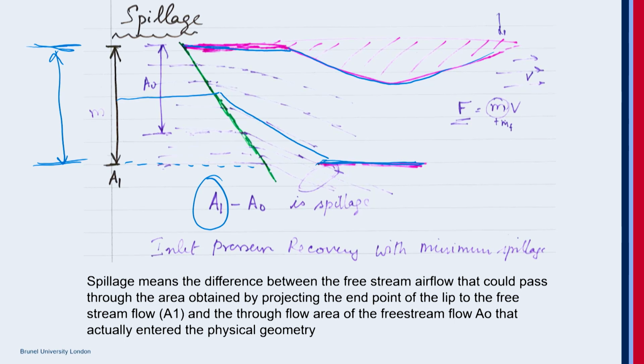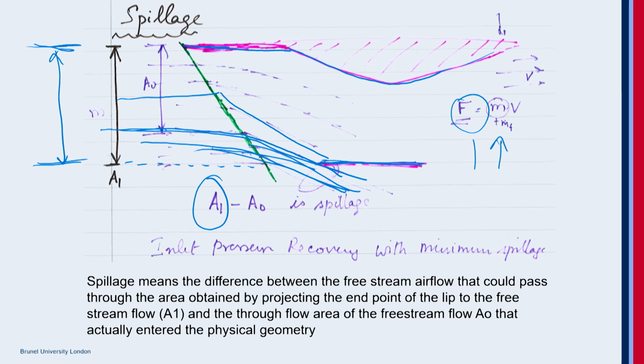Due to this turning process, whatever flow turns beyond this level is lost. We are losing the mass. When we lose the mass, it has an effect on the thrust that is produced by the engine. So this amount, A1 minus A0, is basically defined as the spillage.